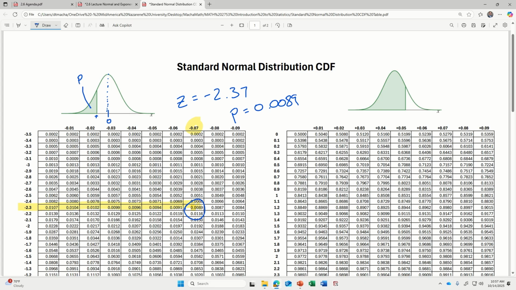This bell-shaped curve is describing the probability of the normal distribution, and if you use the CDF table, what you're calculating is the area underneath this curve, because this area is the probability of getting a random outcome less than or equal to that point, negative 2.37.